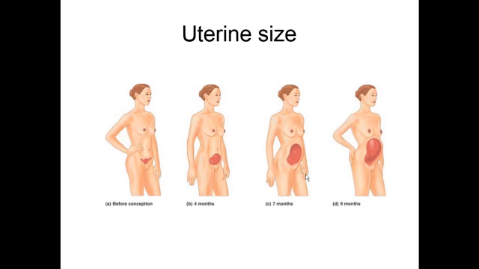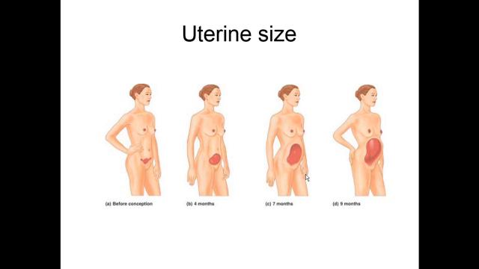So in the urinary system, I know this is not a picture of the urinary system, but it shows you the change in the size of the uterus. Since blood volume is going up, as we'll see in a minute, our blood volume increases 35 to 50%, and so there's just more blood for the kidneys to have to filter.